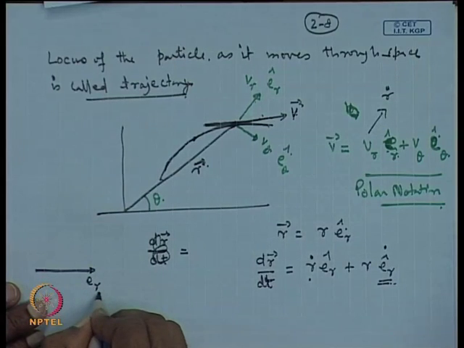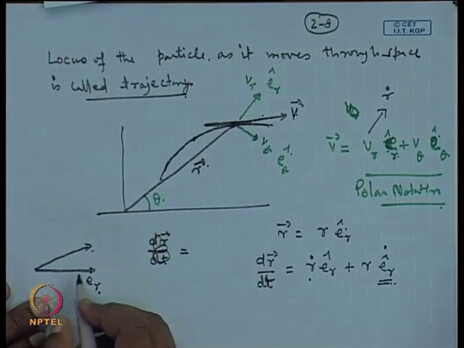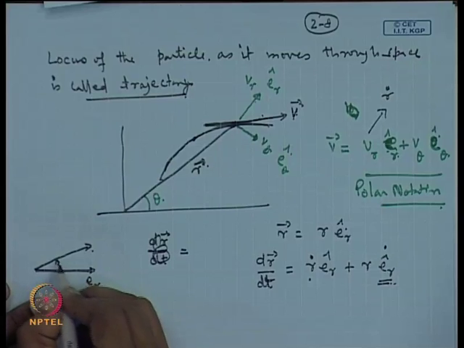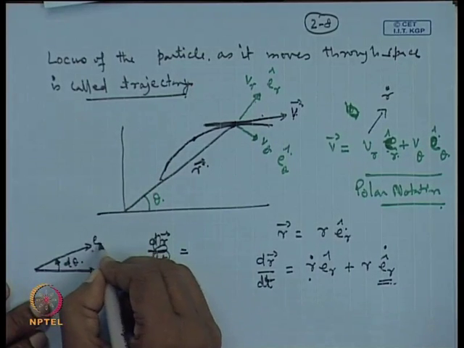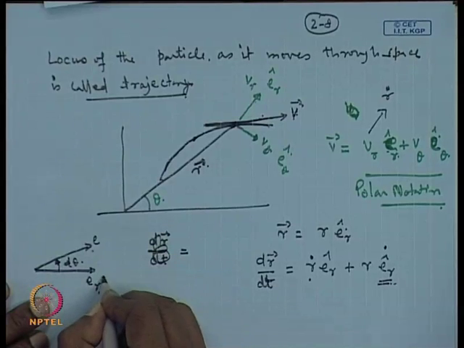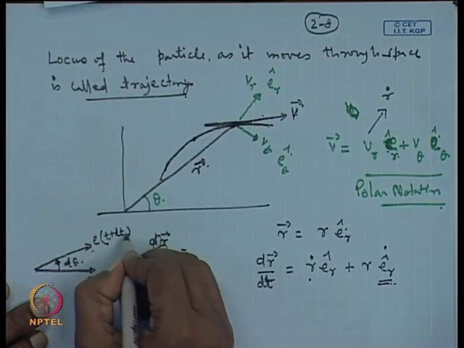If this is an E r vector, and we turn it by d theta, let us say this is at time t and this is at time t plus dt.